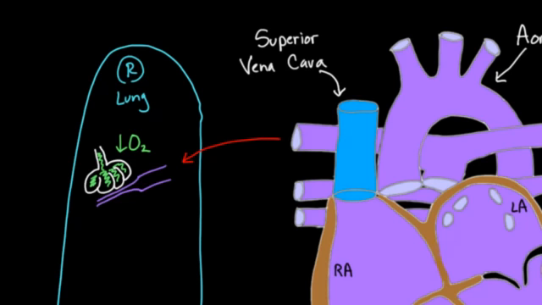So what ends up happening is that because there's such low oxygen in the alveolar sacs, they have this ability to cause the arterioles to constrict. These arterioles have some smooth muscle on them, and because of the low oxygen, the alveolar sacs make them constrict.